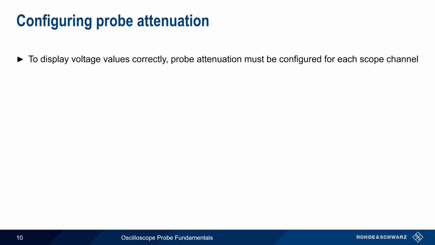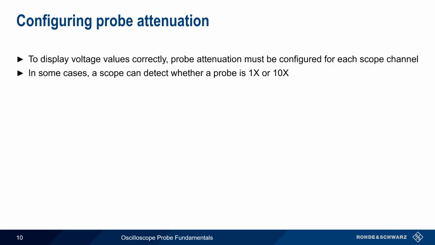In order to correctly display voltage values, passive probe attenuation must be configured on each scope channel. This can be done manually through the scope's user interface, but in some cases the scope can detect whether a probe is 1x or 10x and adjust or configure the channel settings automatically.